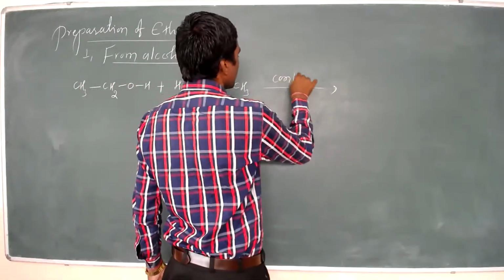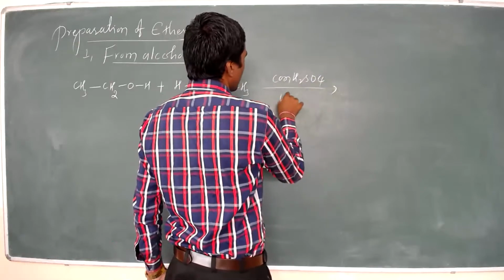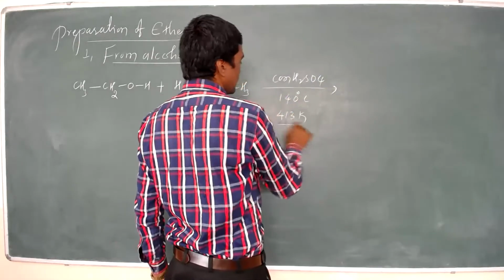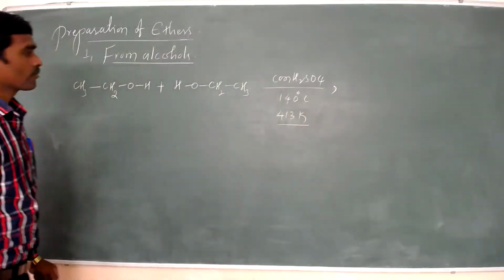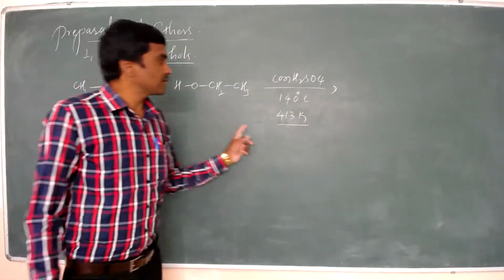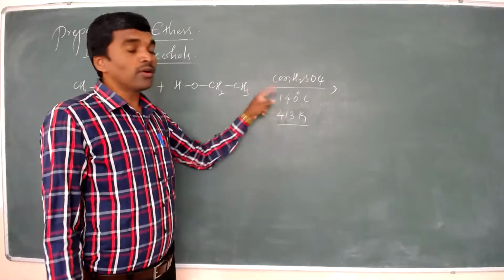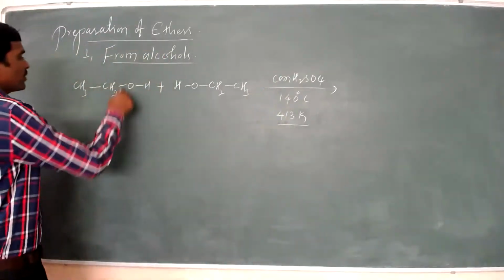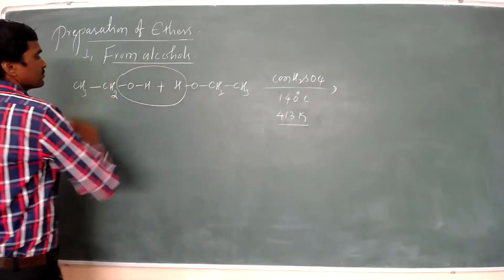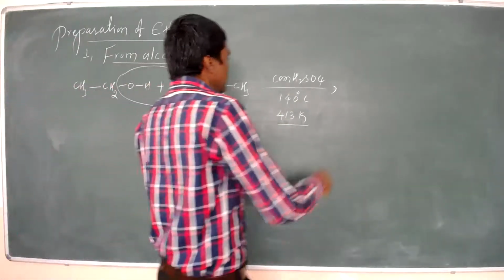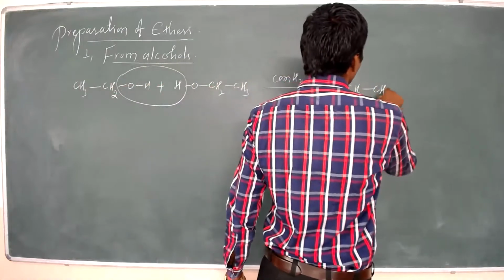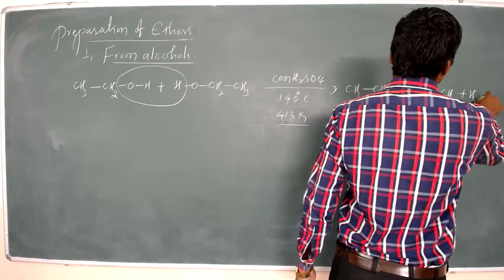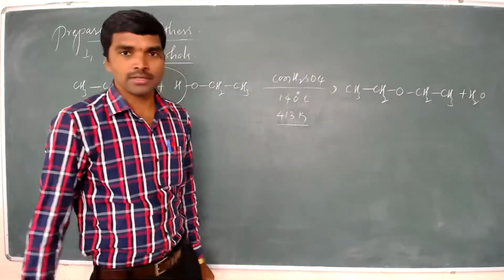Ethyl alcohol reacts with concentrated H2SO4 at 140 degrees Celsius, that is 413 Kelvin temperature. Then from OH and H, a water molecule is eliminated, then ether plus water is formed.